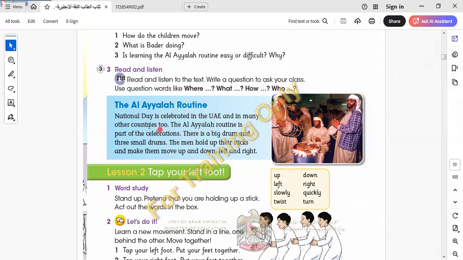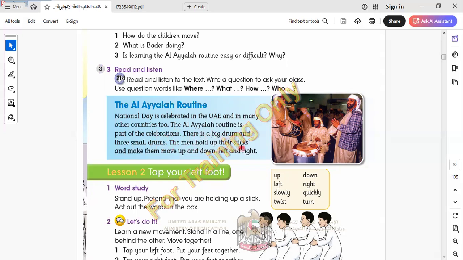The Ayala routine. National Day is celebrated in the UAE. UAE is the abbreviation of United Arab Emirates, and in many other countries too. The El Ayala routine is part of the celebrations. There is a big drum and small drums.